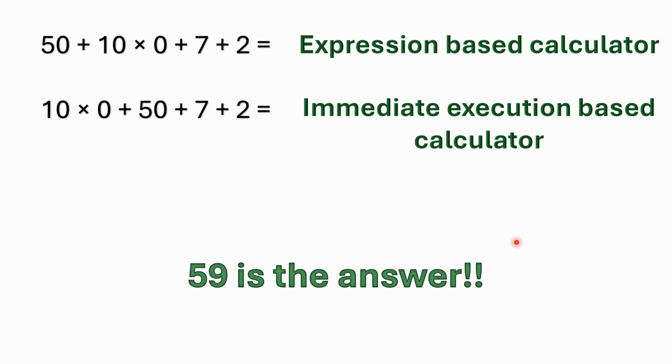And that's wrong because that type of calculator works in immediate execution mode, which I'm going to show you what that means in a second. I'm actually going to show a couple videos of the calculators in action with this problem and a couple similar ones, and you can see the difference and hopefully understand what I'm talking about.